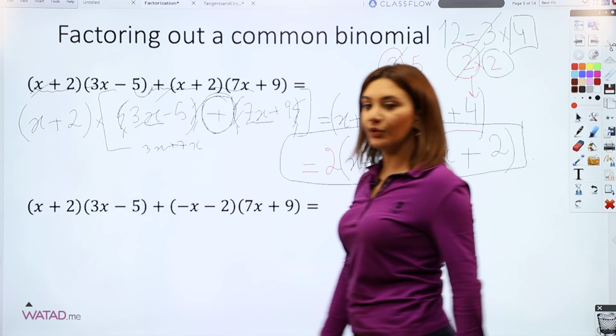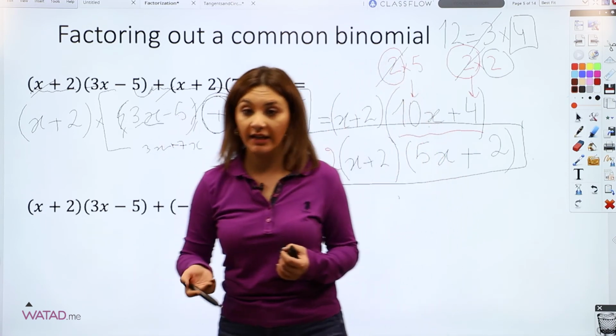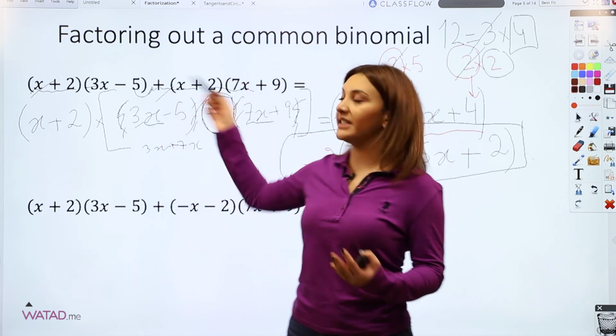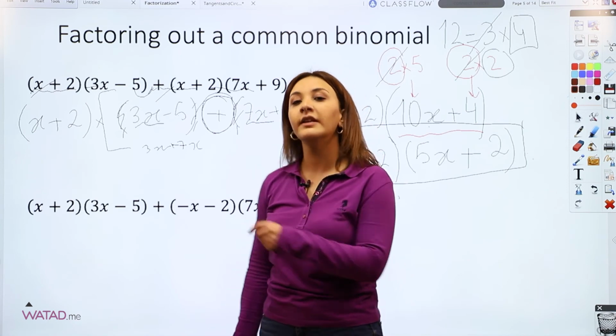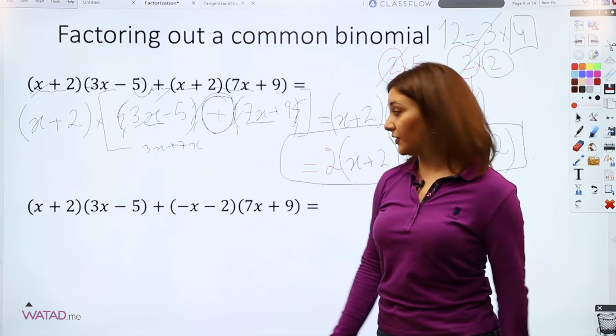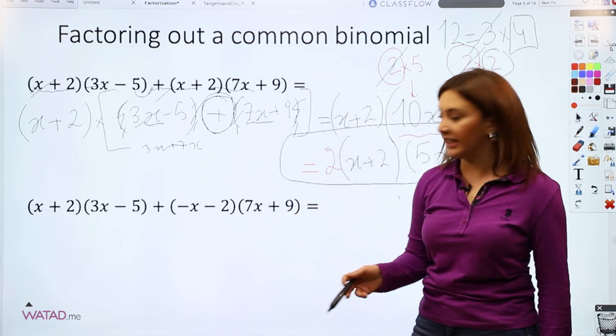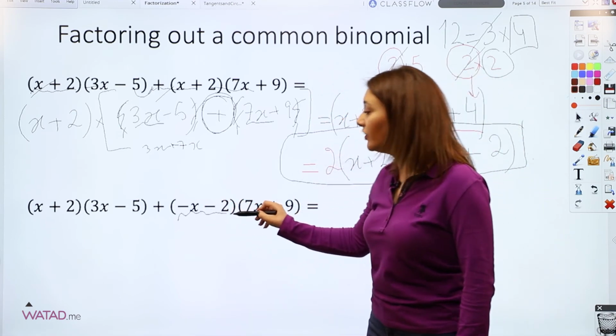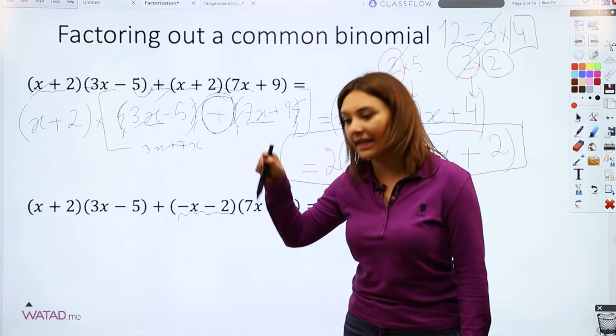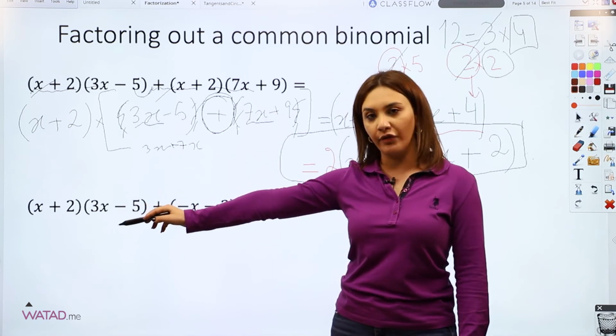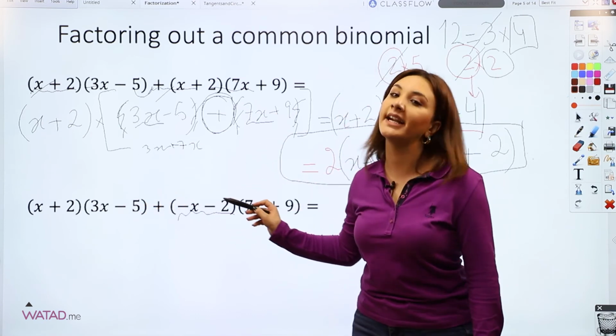I would like you to pause this video here and try to redo this expression all alone and check your answers. The same example, but I have a small twist in here. In the second product, I do not have exactly the same term as the first one. I have negative x, negative 2.